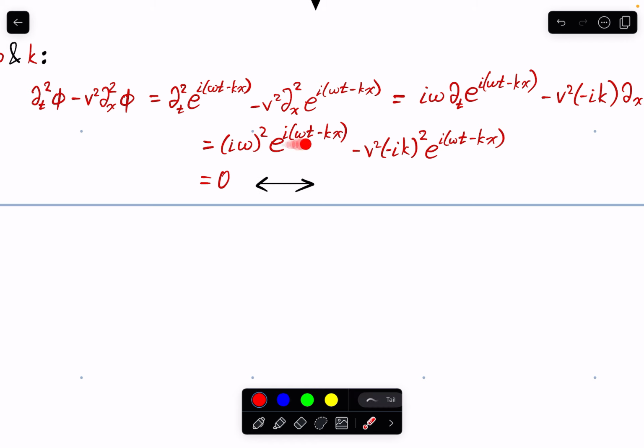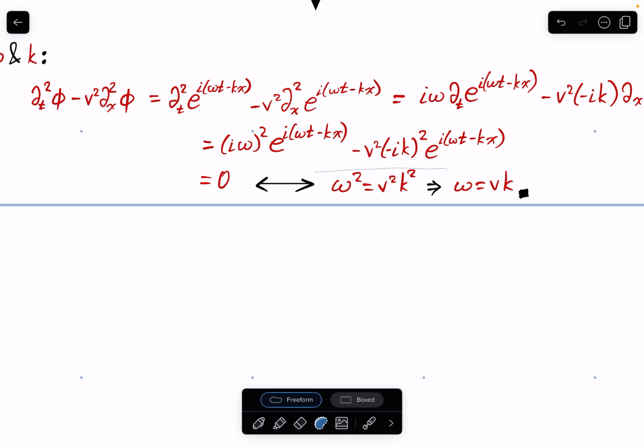If this is equal to 0, we can divide by this common factor, and then we just have minus omega squared plus v squared k squared. So we end up with omega squared is equal to v squared k squared, which implies omega equals vk.